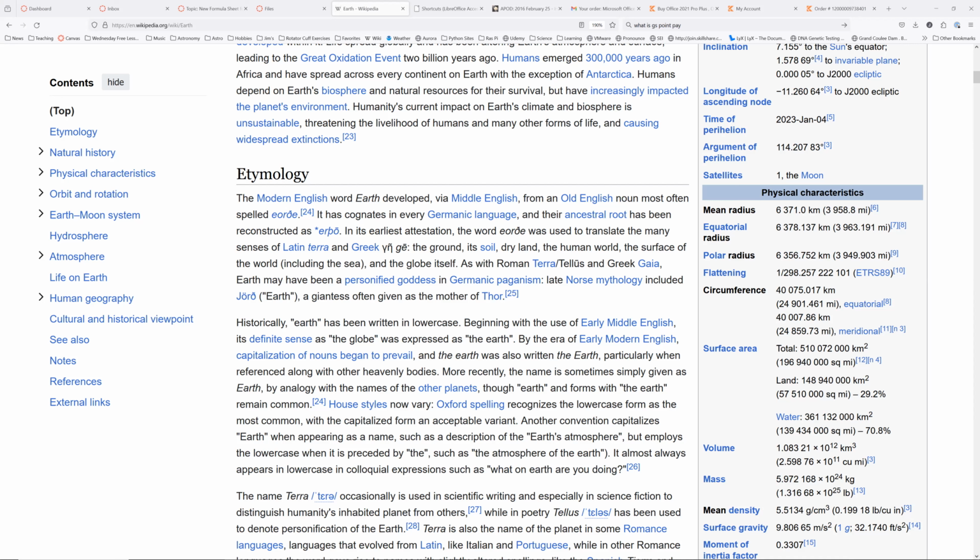It's got an equatorial radius here of 6,378 kilometers or 3,963 miles. It has a polar radius, okay, of basically 3,950 miles. Okay, that means the radius at the equator is 13 miles greater than the radius at the pole.